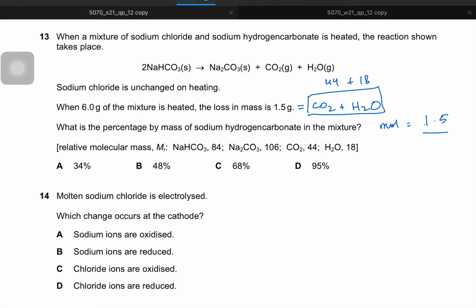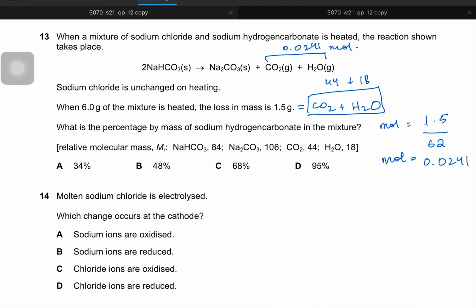So it's going to be 44 plus 18, and that's going to be 62. So you're going to be finding the moles of both substances together. It becomes 1.5 divided by this sum, which was obviously the molar mass of both, 0.0241. Now this is the moles of water and carbon dioxide both, 0.0241 mole.